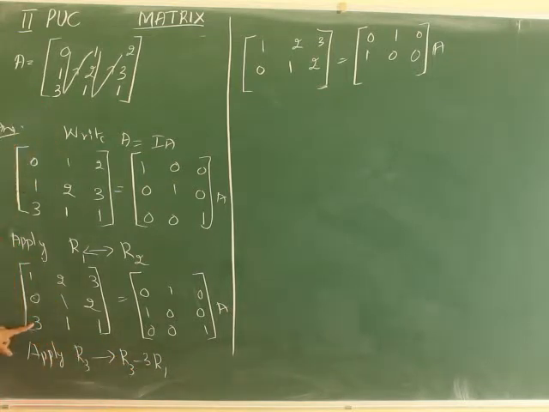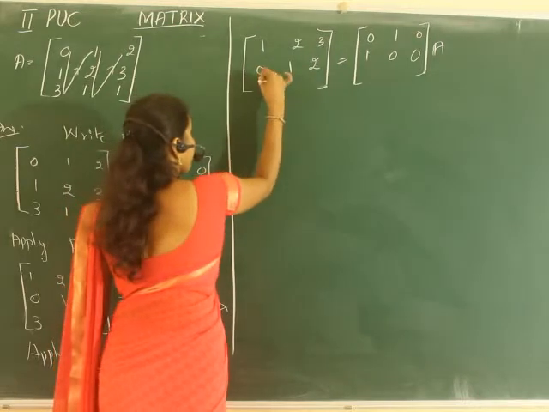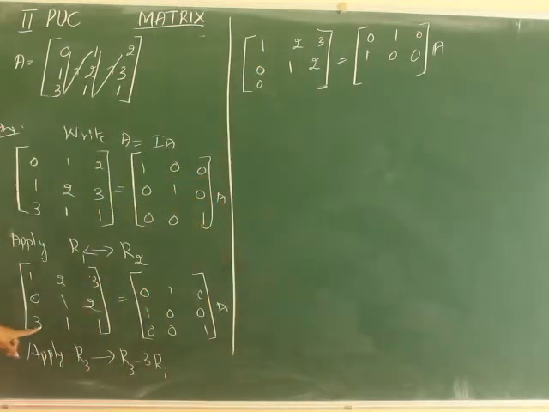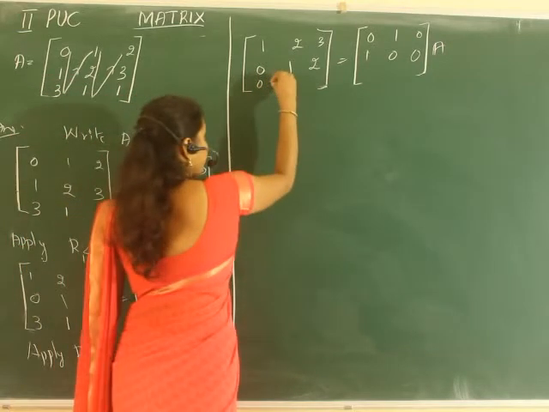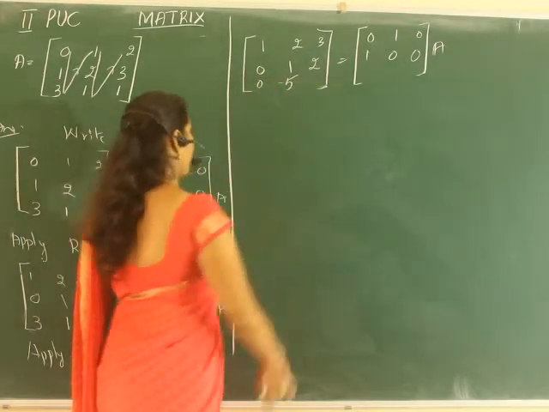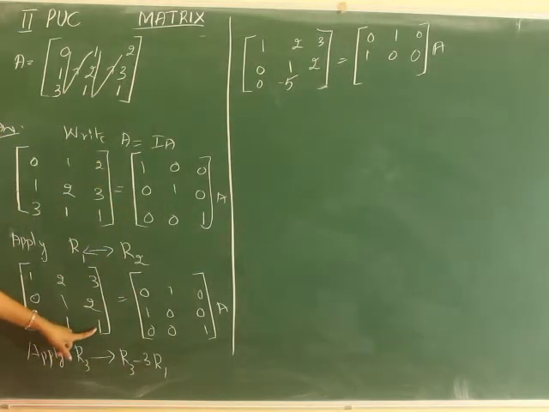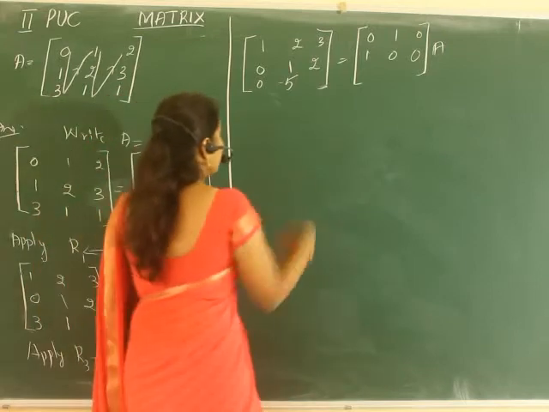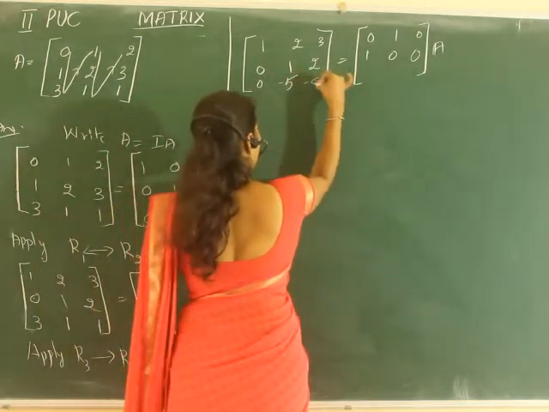So it is 3 minus 3 into 1, which is 0. After that, 1 minus 3 into 2 is 1 minus 6, which is minus 5. Then 1 minus 3 into 3 is 1 minus 9, which is minus 8.